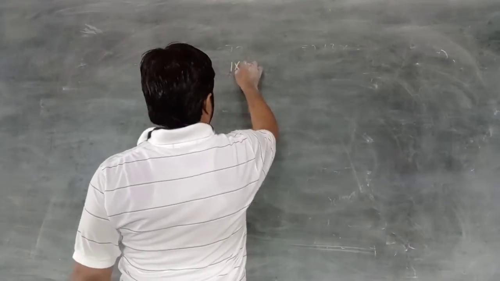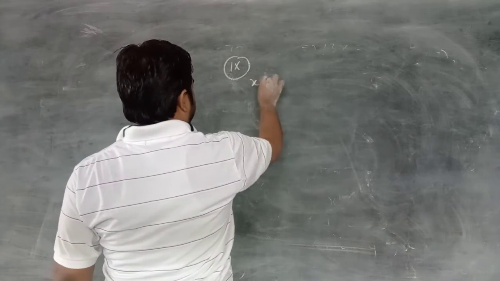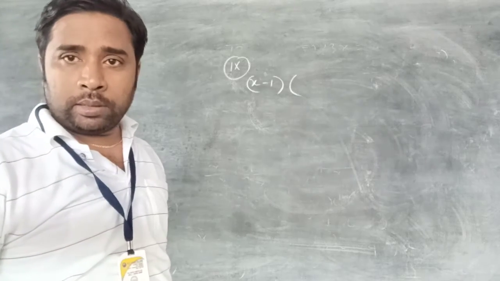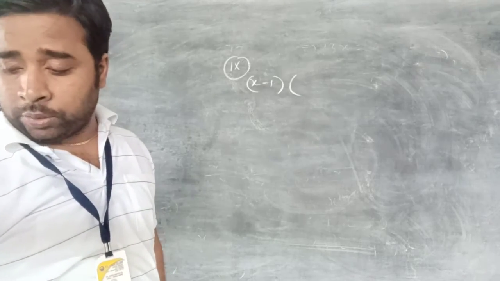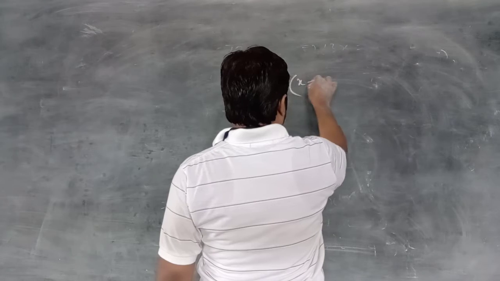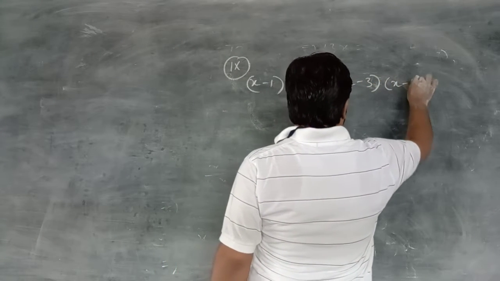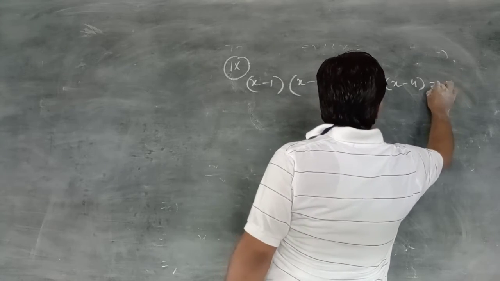What is the question? x minus 1, x minus 2, x minus 3, x minus 4 equals 120. This sum can be done very easily, and this is a very important sum.